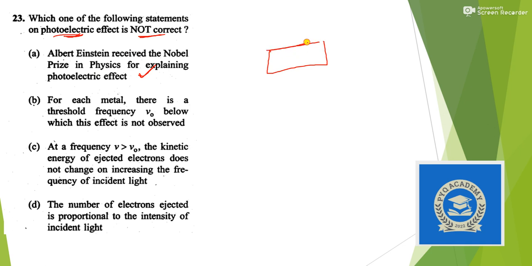Let's take a piece of metal and suppose some energy is provided with some frequency. So if here is some particle and it has some threshold frequency nu 0, so if you provide a frequency which is greater than this threshold frequency, then only this particle can be displaced.